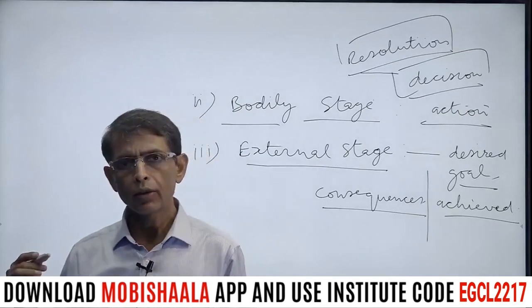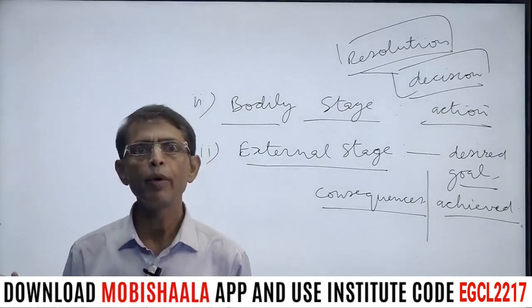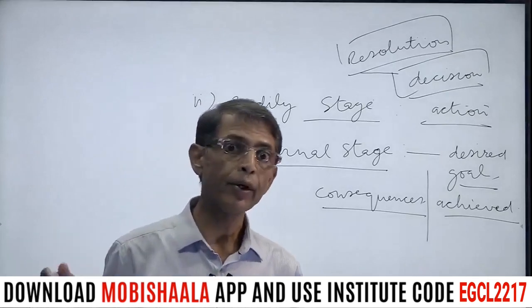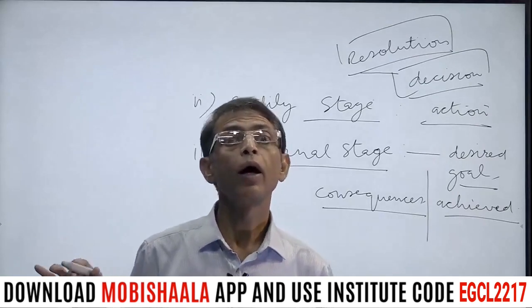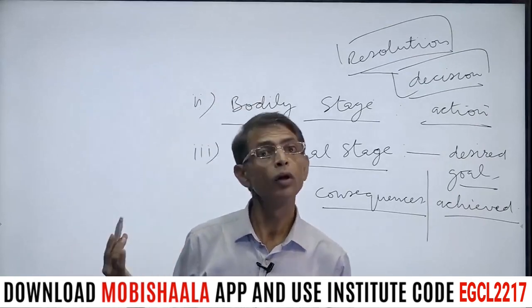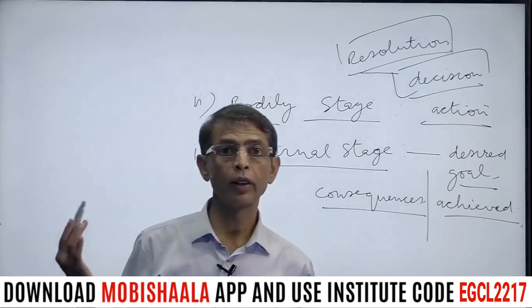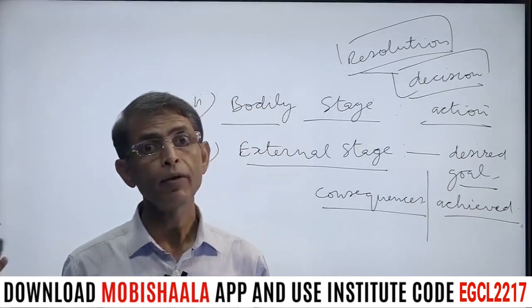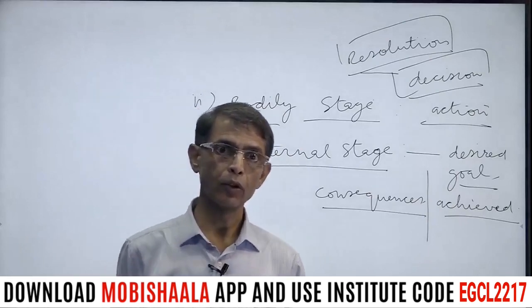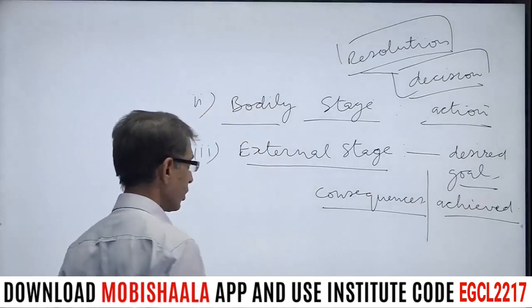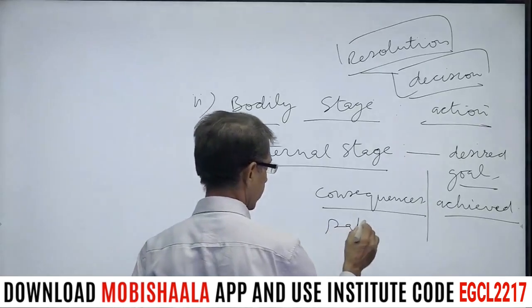The consequences may be similar to your anticipated foreseen end, or contrary to it. That's another thing, but there will be consequences. Either there will be satisfaction or no satisfaction.